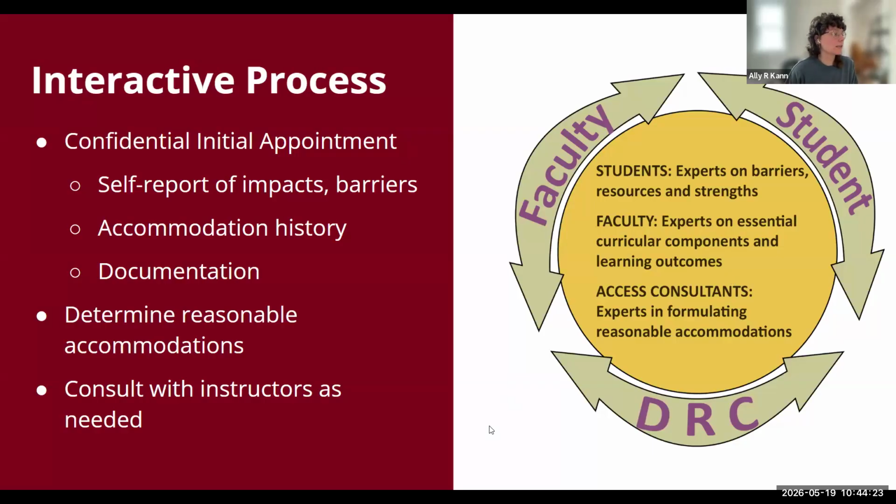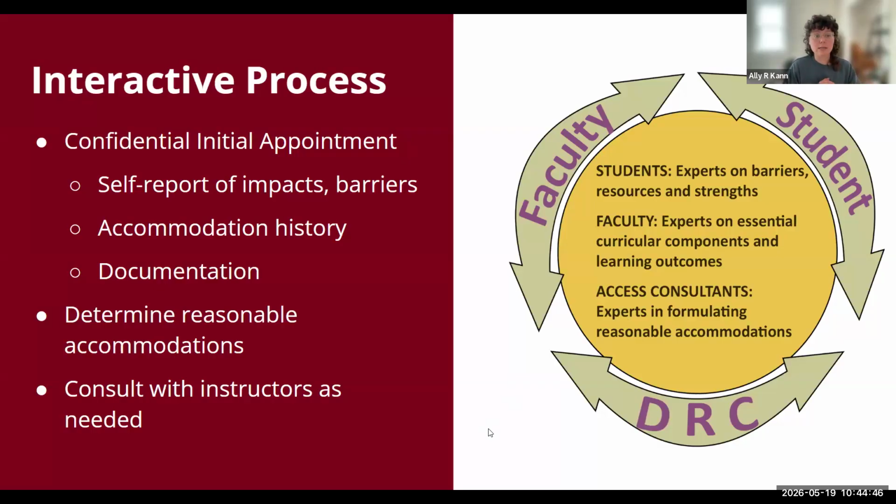We've also provided this little image with a circle and three arrows around it. The arrows signifying faculty, the student, and the DRC represent how the interactive process has us all work together collaboratively, because students inform us about their specific barriers, resources and strengths.